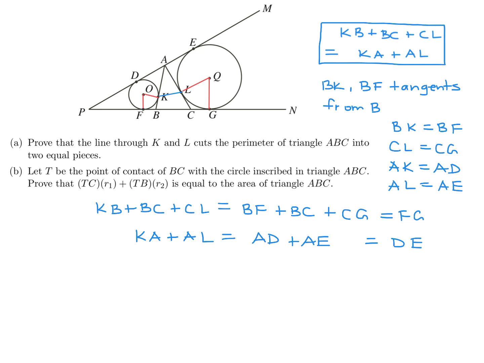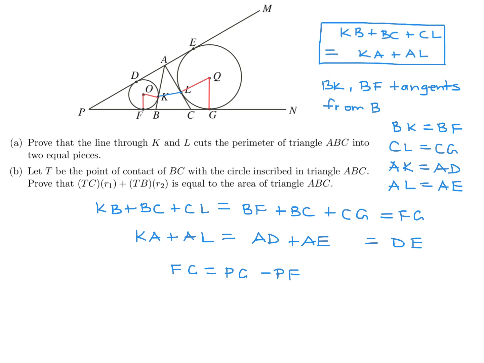Now let's concentrate on this segment here, FG. FG compared to PG, because again, we're going to start looking at tangents, but let's just set it up first. FG is really PG minus PF, correct?